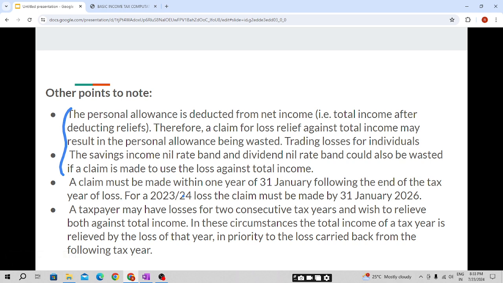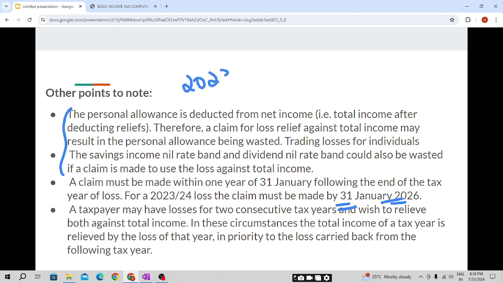A claim must be made within 1 year of 31st Jan following the end of the tax year of loss. For a 23-24 loss, the claim must be made by 31st Jan 2026. So the option must be selected by the taxpayer by 31st Jan 2026. That is 1 year after 31st Jan following the end of the tax year.